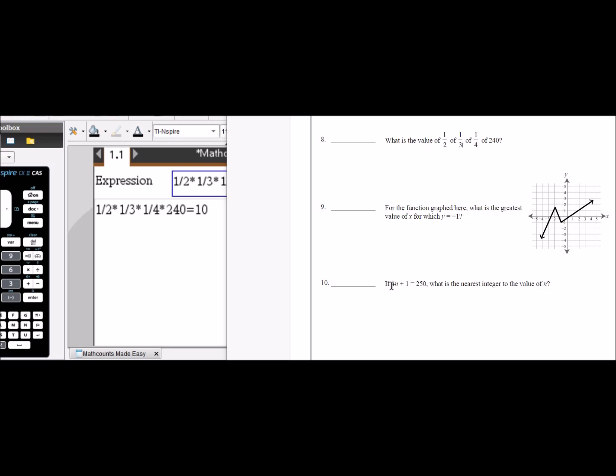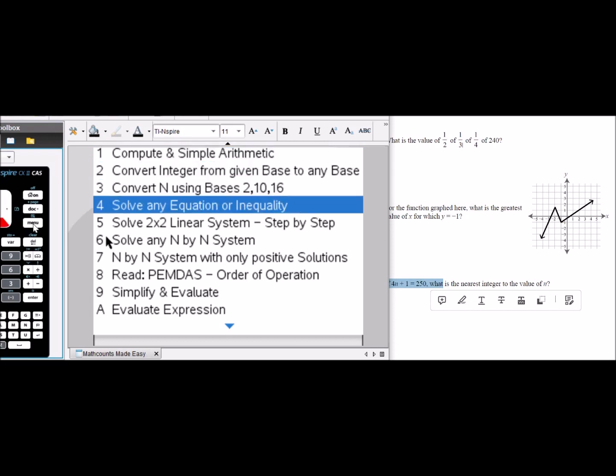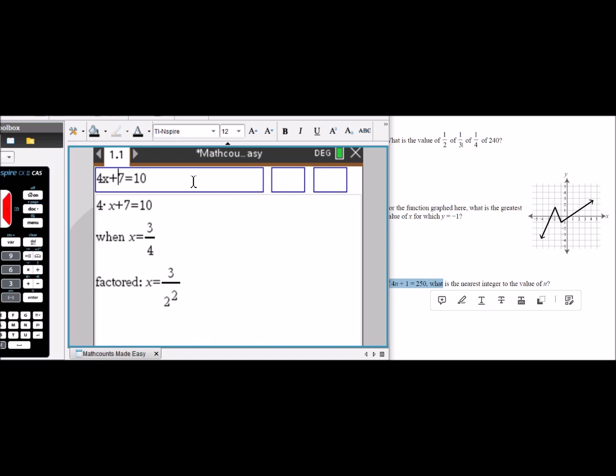Okay, so here that's a good example because we are solving an equation like this one. So whenever you solve an equation, you go to menu 1, and then you go to solve an equation. What you must know is that you have to use x as a variable. So even though it says 4n, we have to type in 4x plus 1 is equal to 250.